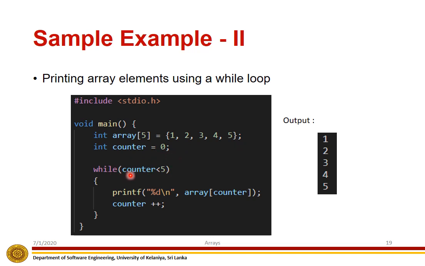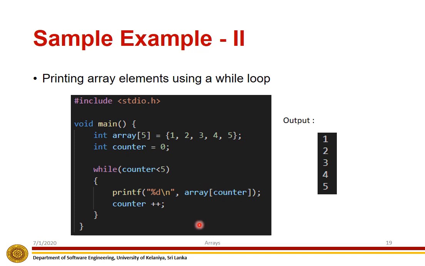While counter is less than 5, it has to print the array. Here %d indicates an integer type variable value. So in here, array[counter], it means we can get the index.